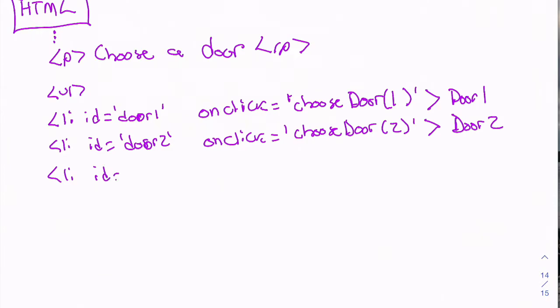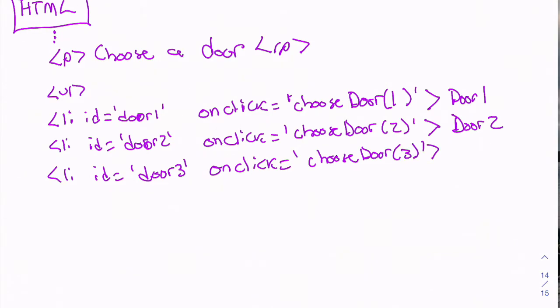And then ID equals door3, on click equals choose door3. And then we'll close our unordered list. All right. And the code will continue after that. Okay, but this is the basic structure that we're going to interact with using our JavaScript.